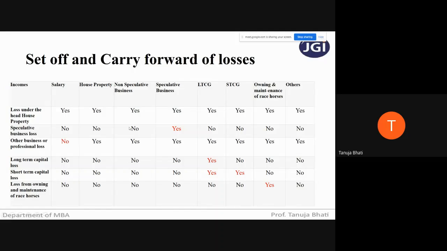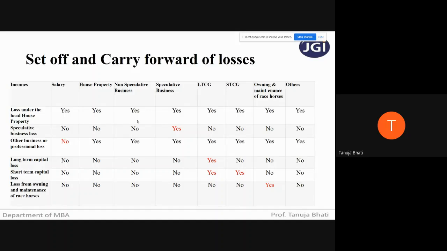So students, this chart shows us, under the different heads of income, whether set off is possible and, if possible, under which source of income. I have already explained this in the previous slide, but this is just a table depicting whether set off is possible or not.